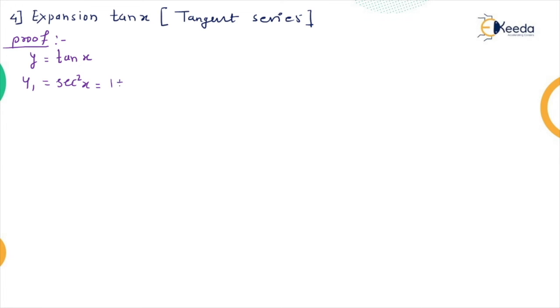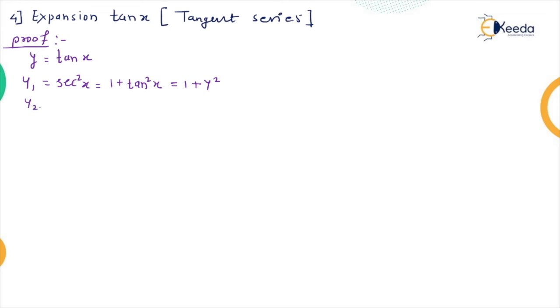And you know that tan x is y. So y1 can be written as 1 plus y square.